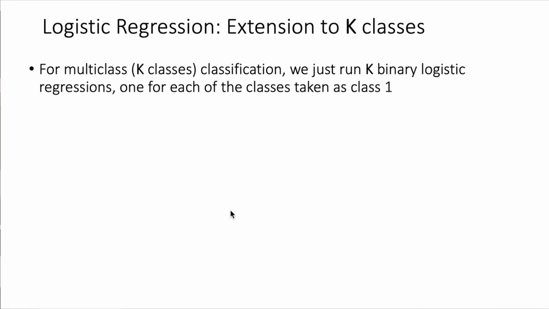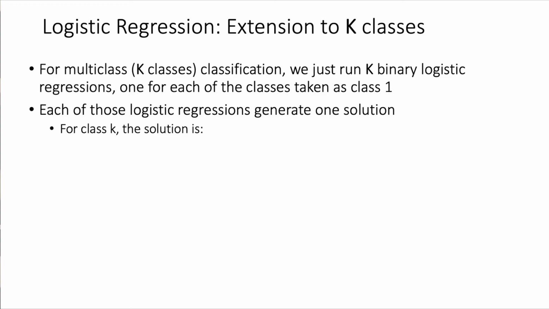We can also extend this model to more than just two classes. For example, for a multi-class classification problem with k classes, we just run k binary logistic regressions, one for each of the classes taken as class 1.